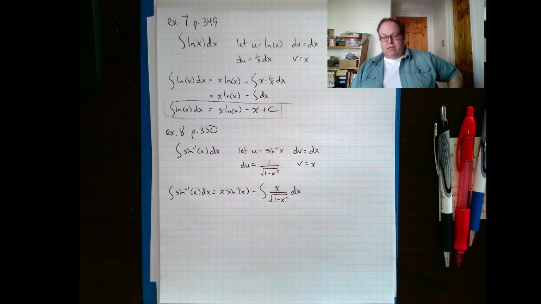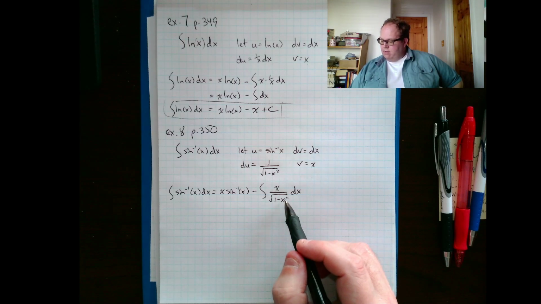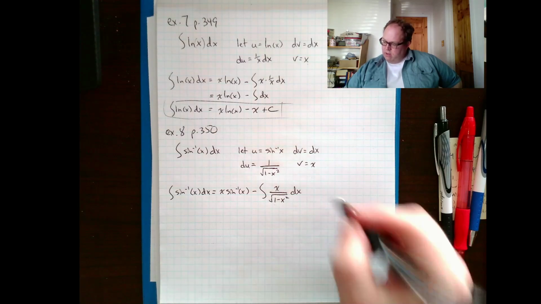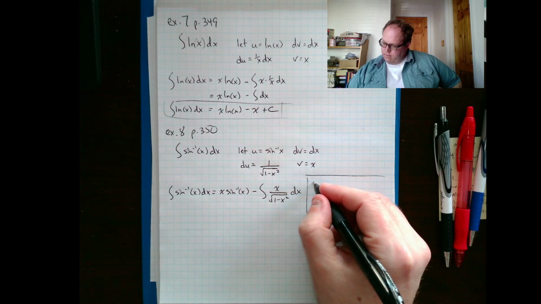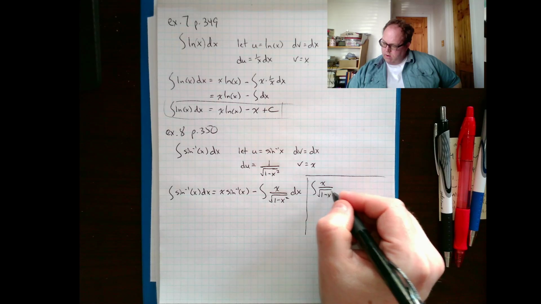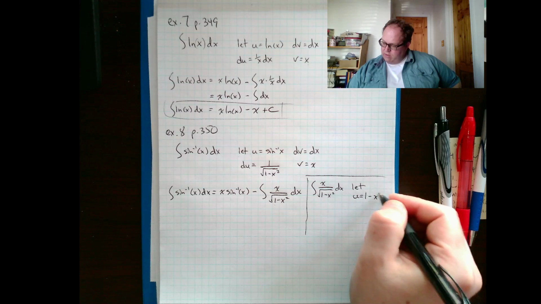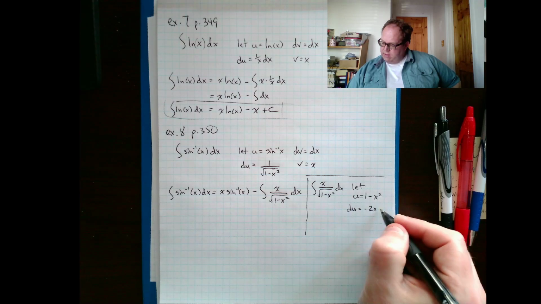Which might look unpleasant, but if you've had a chance to practice some of the substitution, you might notice that the derivative of 1 minus x squared is going to look pretty similar to x. It'll have the same power of x involved. So I'm going to deal with that integral by substitution. I'll let u equal 1 minus x squared. Then du would equal negative 2x dx.